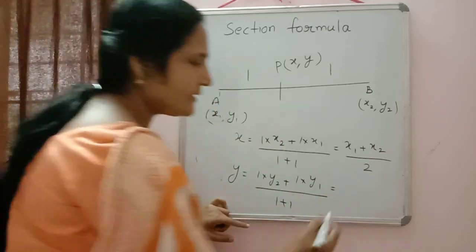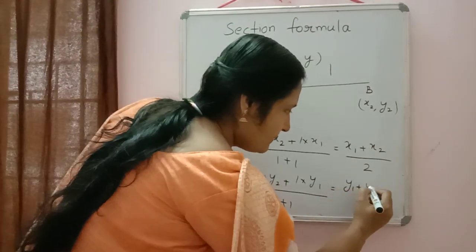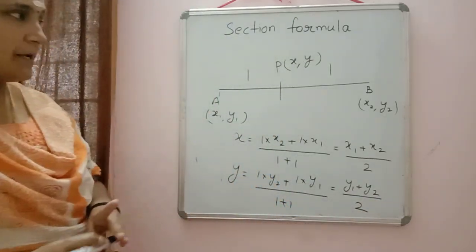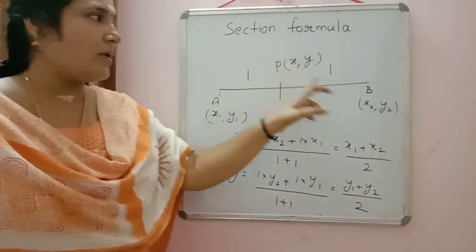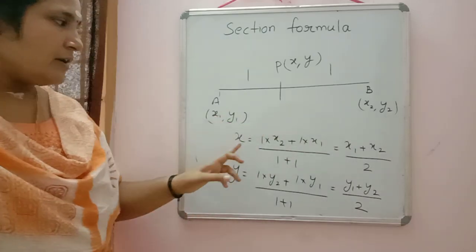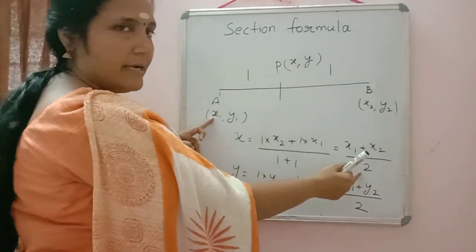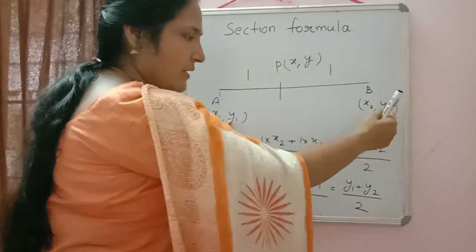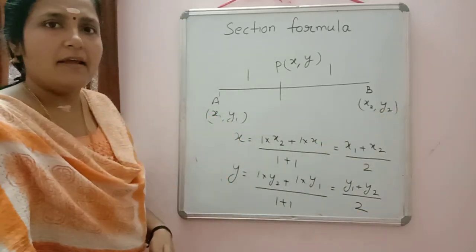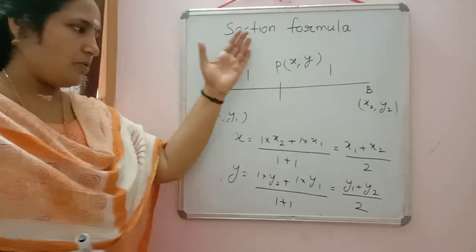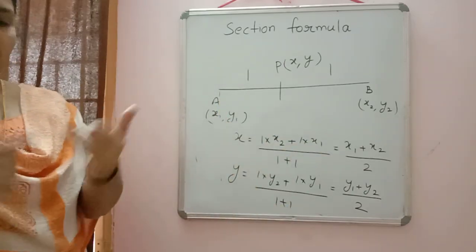So again we will get here y1 plus y2 by 2. So if P is the midpoint, then corresponding x coordinate and y coordinate should be obtained by adding the x coordinates and dividing by 2, adding the y coordinates and dividing it by 2. If P is the midpoint of AB. So note down this concept also.